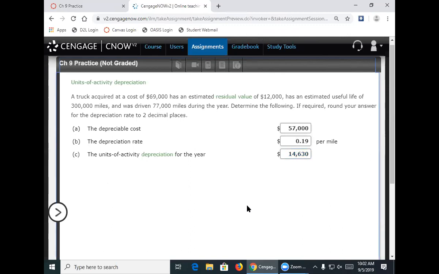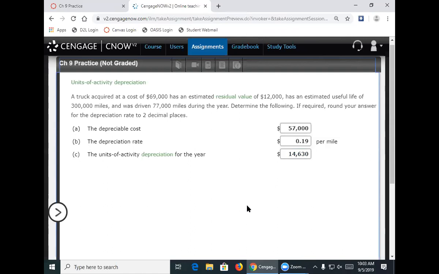So it starts off pretty similar to the straight line method, only you're dividing by useful life in total activity. That gets you a depreciation rate per mile, or per unit of activity. This may not be miles; it could be machine hours or something else. It's just whatever your total activity is.